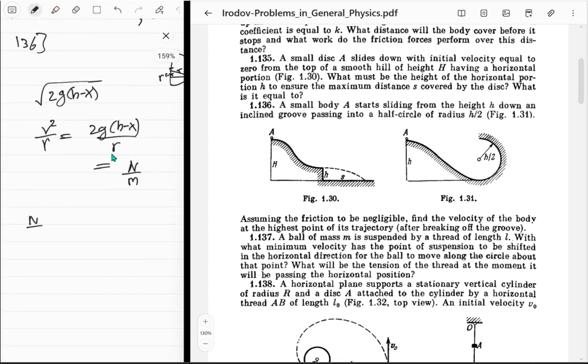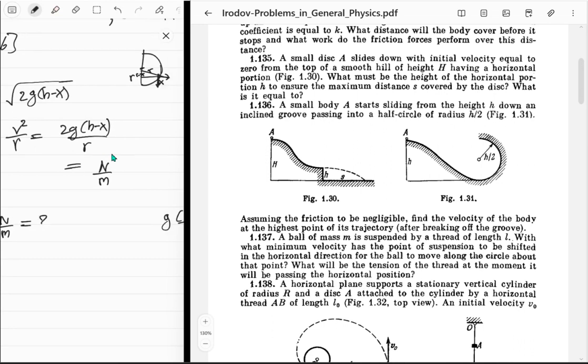So really normal upon mass is just 2g(h minus x) upon r, and also as it goes up, this actually, yeah, that makes sense, I guess. This can only be pushed. It cannot actually be pulled or anything.